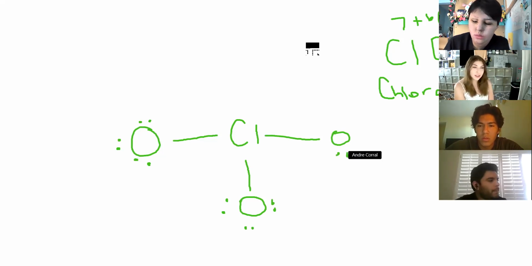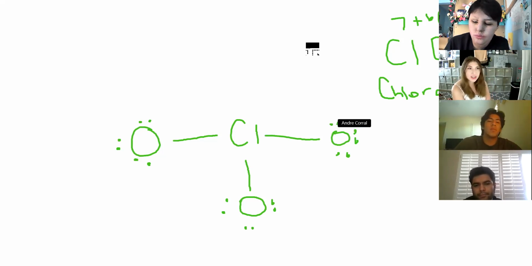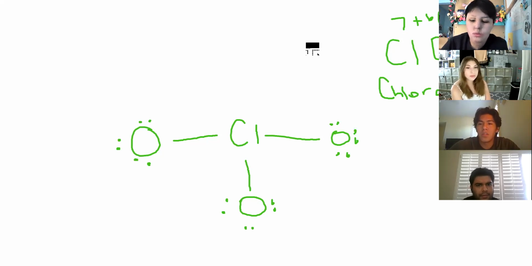All right, so I filled it out. How many electrons do I have left up there? You'd have 2 electrons left, right? Because I used up 18, six on each oxygen. So I have 2 left. I can't do anything right now to the oxygens because they have their octet filled out.